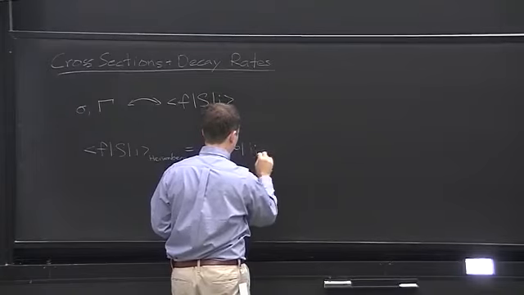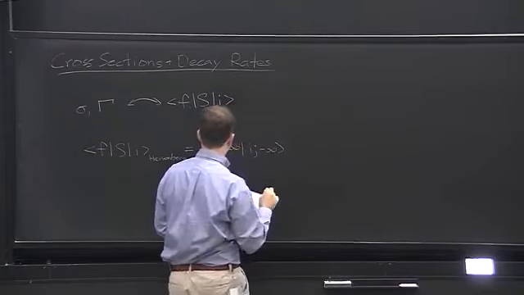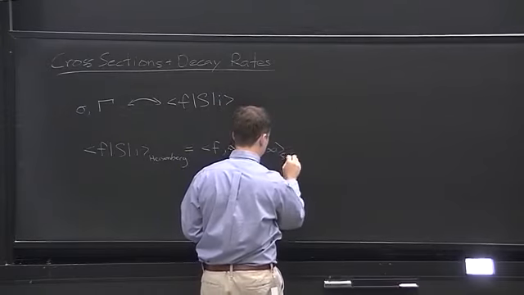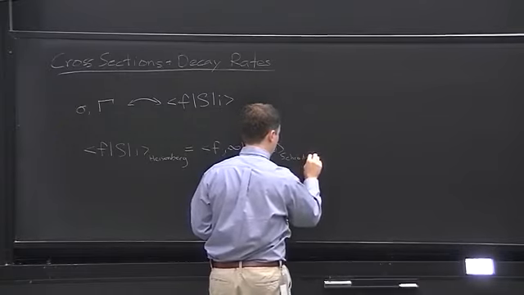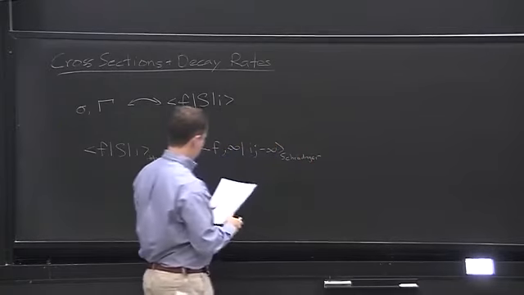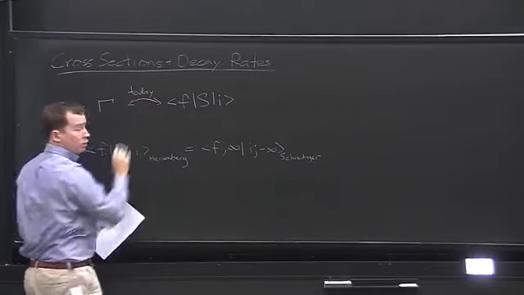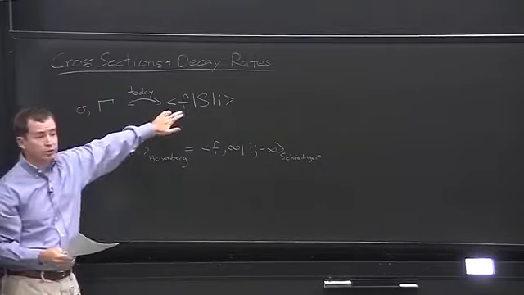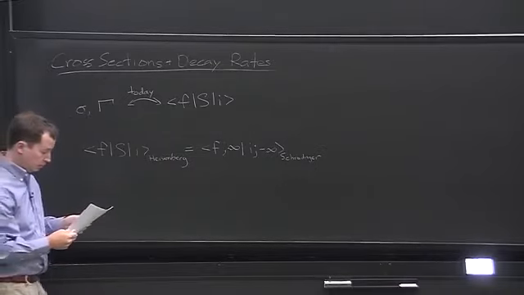What's the amplitude to evolve from some initial state at past infinity to some future state at future infinity. So that's what we'll accomplish today. We'll relate these amplitudes to these cross-sections and decay rates.